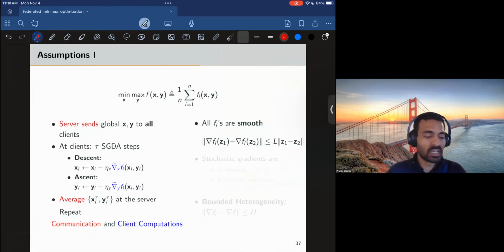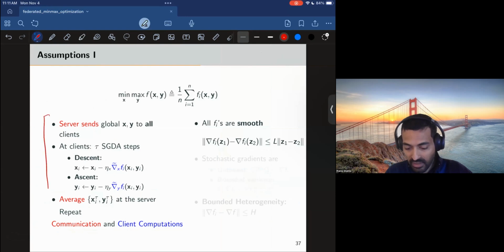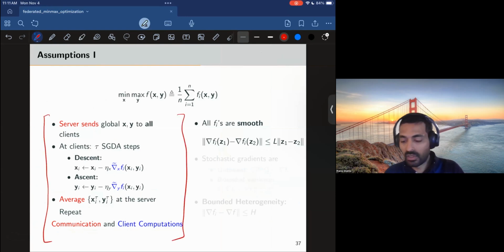So to do some analysis, let's impose a few assumptions on our problem. I've set this local SGD algorithm on the side for you to look at. If oops, there should be plus again. But let's discuss the assumptions we'll impose. The first is that all the local functions, all these f_i's, are going to be smooth.